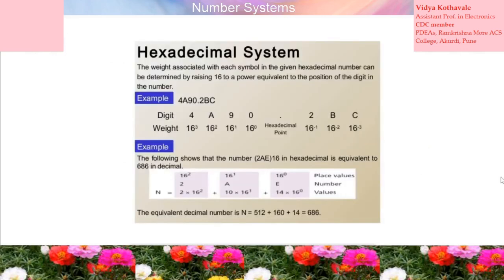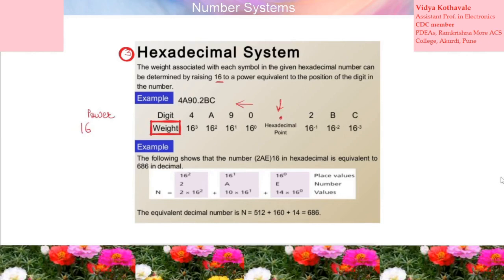As the octal number system is not included in the syllabus, we move on to the next number system, which is the hexadecimal number system. The base or radix of this number system is 16, and therefore when we look at the positional weights of the hexadecimal number system, we consider 16 to the power.